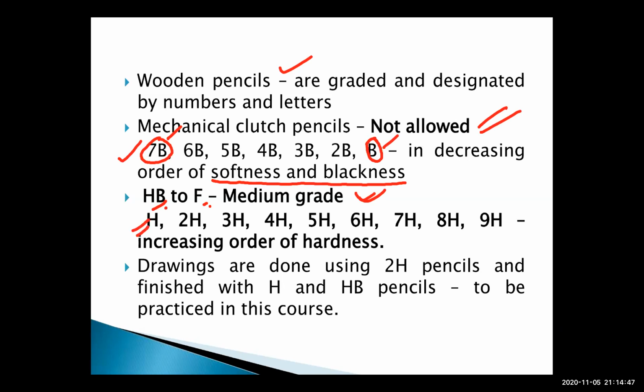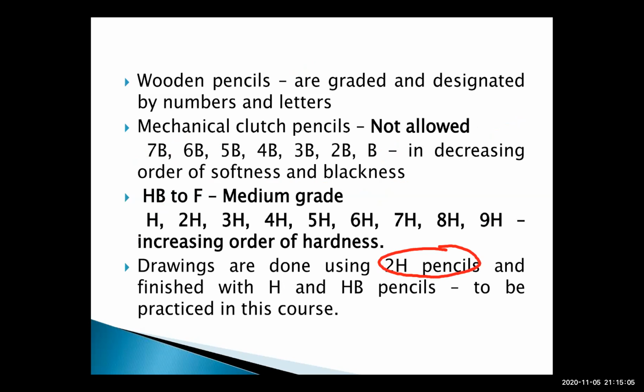Now you see here, in the H grade, increasing order of hardness is there. H is the soft, and 9H is the hard. Drawings are done using 2H pencil. Initially, we have to construct the drawing with 2H pencil and finish it with H pencil or HB pencil.